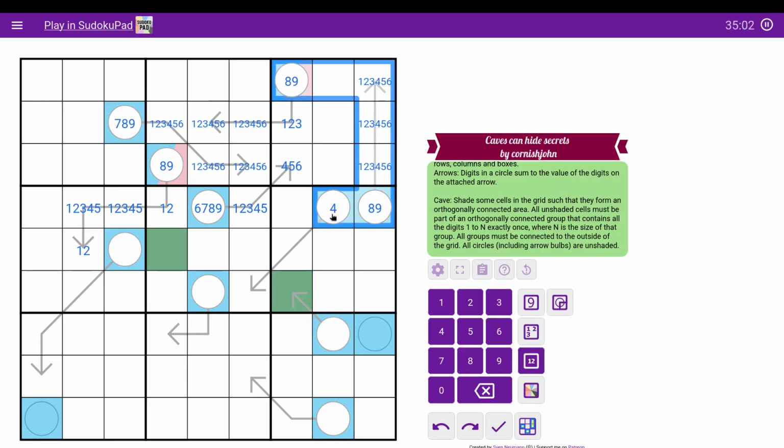This digit is 4, 5, or 6. It must be this one. These are 1s. This is 8, 9. 8, 9. 4, 5, or 6. These are 1s. Can I use the fact these are the same digit? They can't both be unshaded.